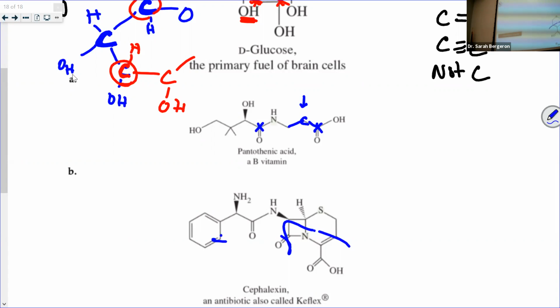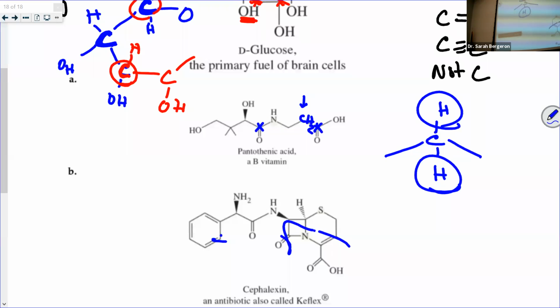No. So what is that carbon actually? Yep, this is actually CH2. Because I have this carbon, and it's got a bond and a bond, so that must mean that there are 2 hydrogens also attached to it. Tell me about those 2 hydrogens. They're the same. So is it chiral? No.